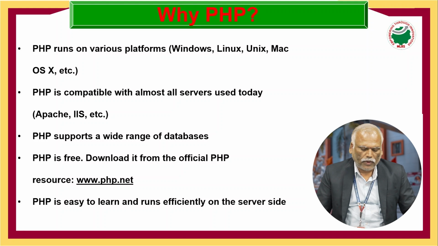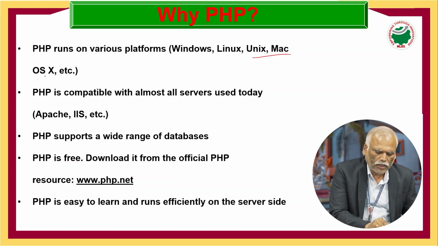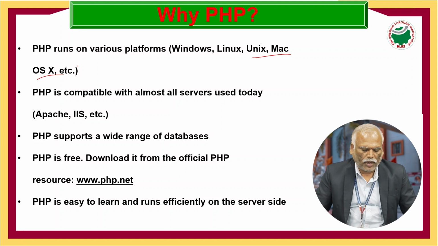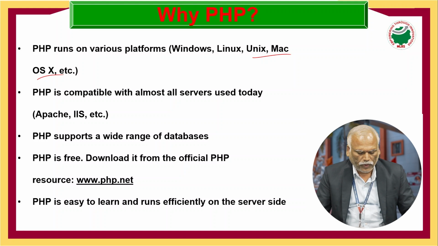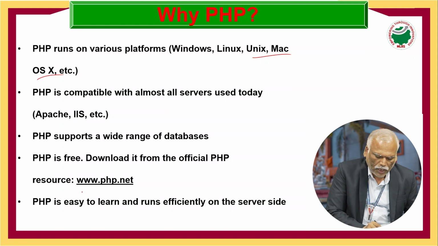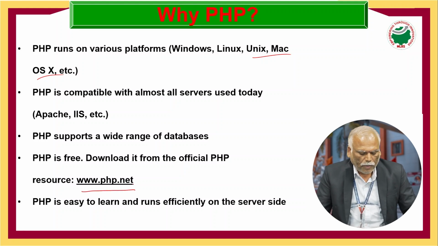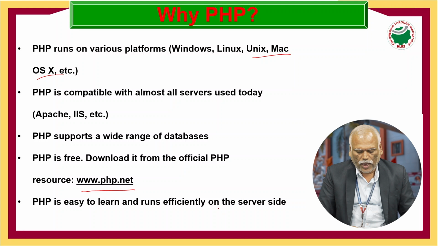As it is cross-platform, we can work with Windows, Linux, Unix and Mac OS. PHP is compatible with almost all servers used today, like Apache and IIS web servers. PHP supports a wide range of databases, and it is free to download from the official website, php.net. PHP is easy to learn and runs efficiently on the server side.